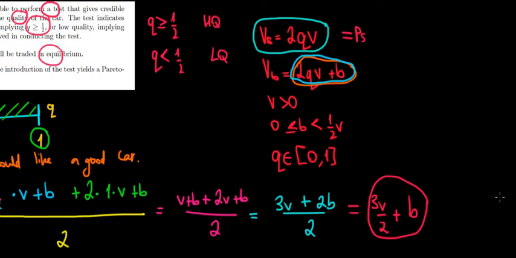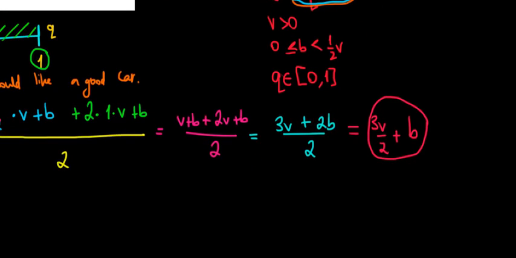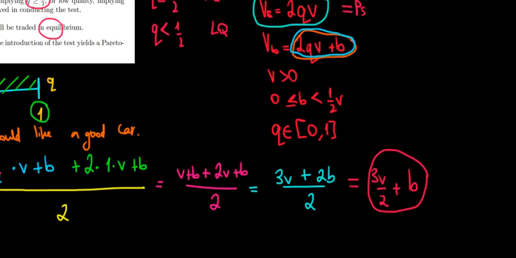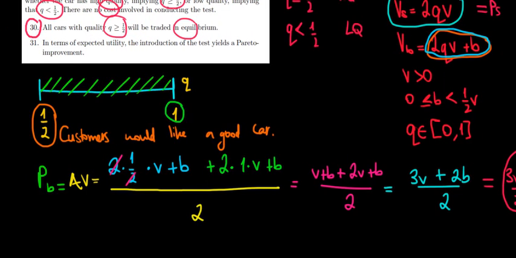Now, what would be the price that the sellers are willing to sell at? Remember, the key point here is that all cars with the quality above that level will be traded in equilibrium. To trade all cars means to sell all cars, and if you want to sell all cars, we have to sell even the cars at the top, the cars with the quality of 1.